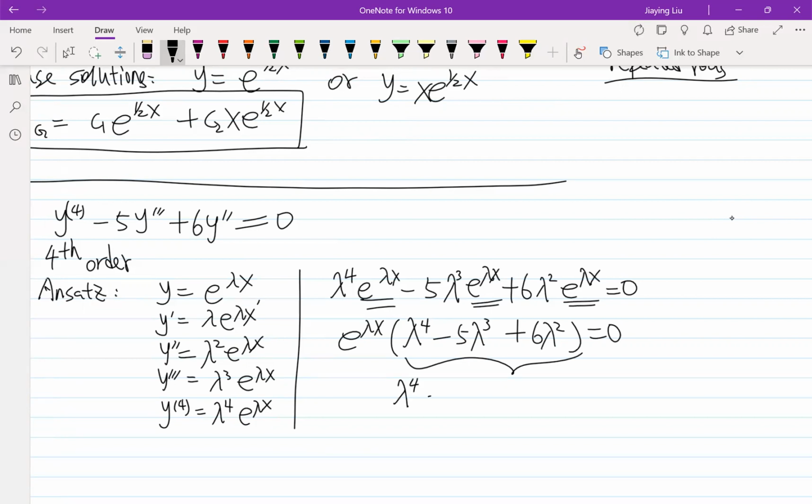So lambda to the fourth minus 5 lambda cubed plus 6 lambda squared equals 0. This is the characteristic equation. Even though we have a fourth power of lambda, we can try to factor this and then solve for lambda. So if we factor this, we take out lambda squared, we get lambda squared minus 5 lambda plus 6 equals 0.